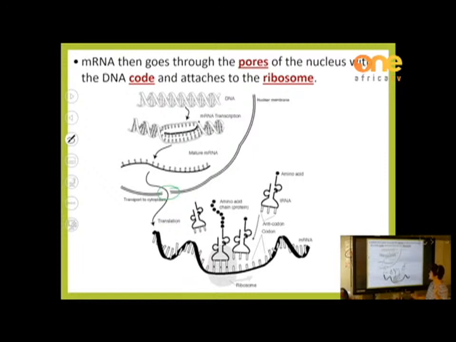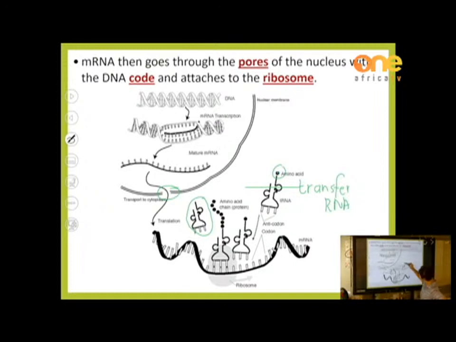ribosomes. In the ribosomes, there are transfer RNA. This is a tRNA, or a transfer RNA. We see that attached to each transfer RNA is an amino acid.